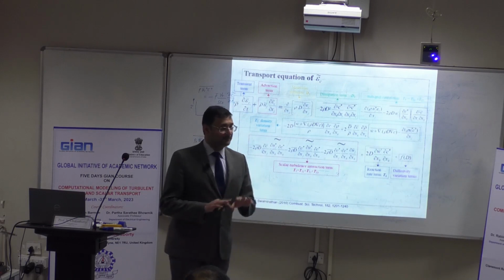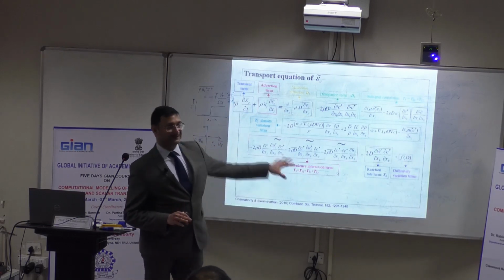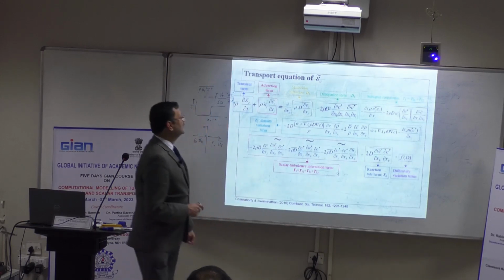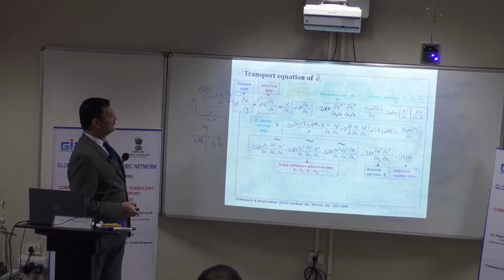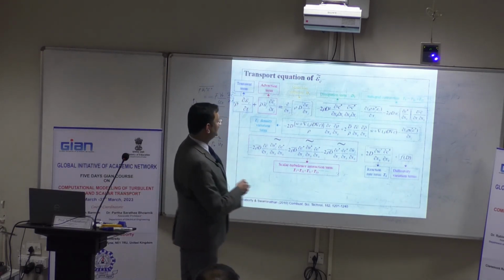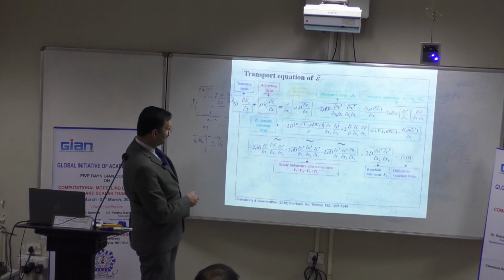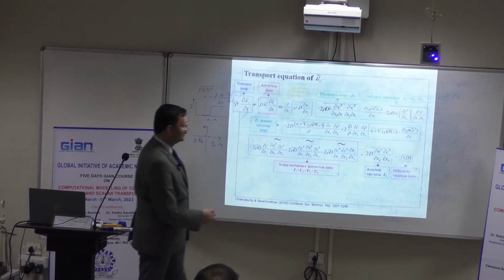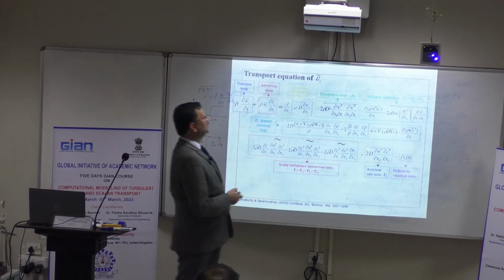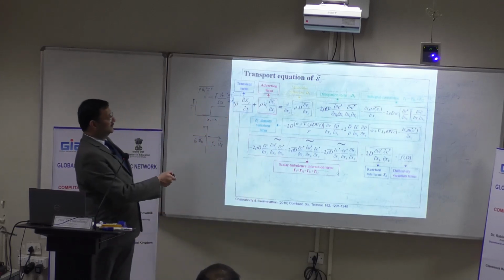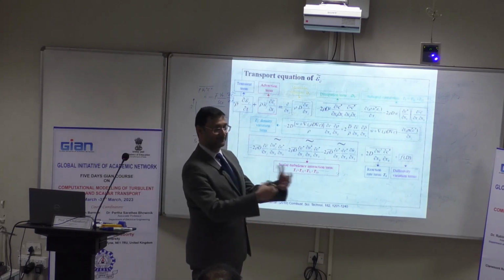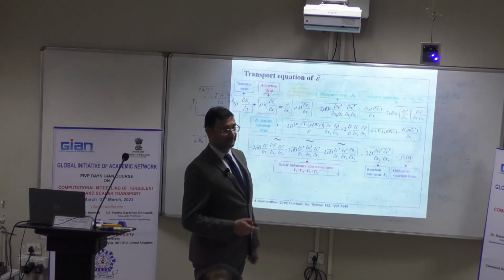It's a horrible looking equation, I know, but all the necessary physics is there. And it has effectively a lot of unclosed terms. T1 is unclosed, T2 is unclosed, T3, all three components of T3 are unclosed. This is unclosed, this is unclosed, and this term is also unclosed. So you need to have a model for each one of them.